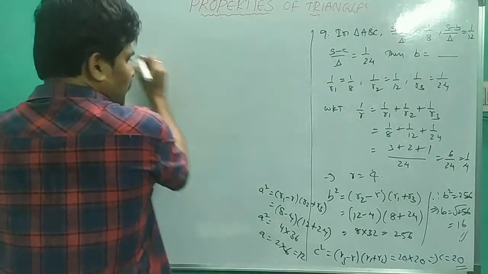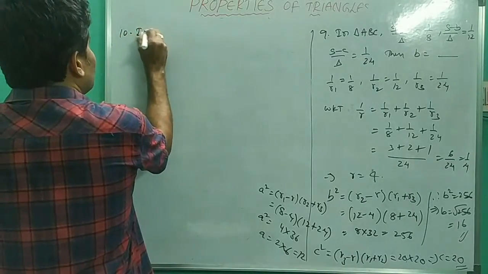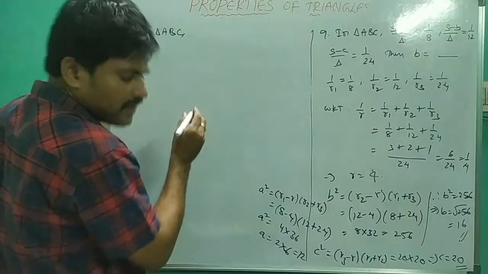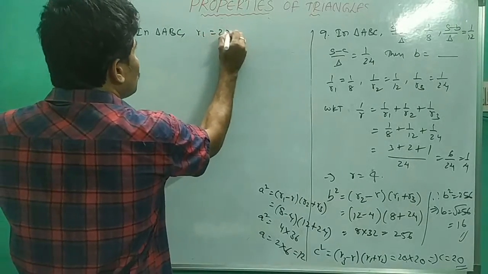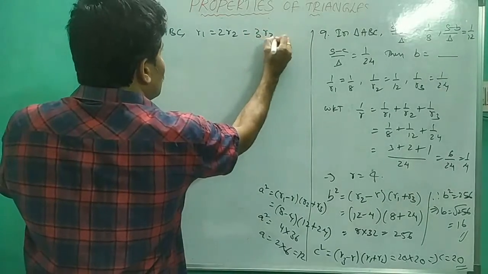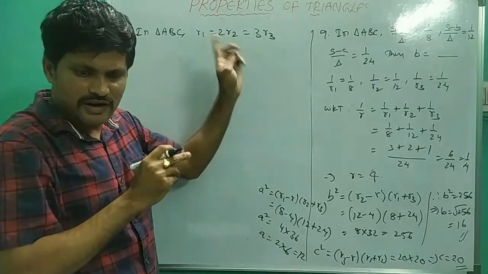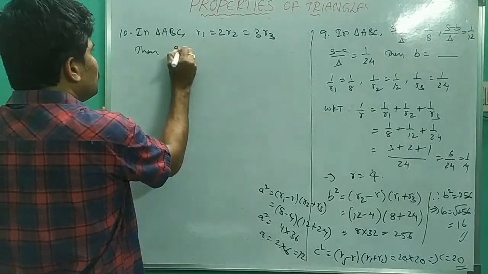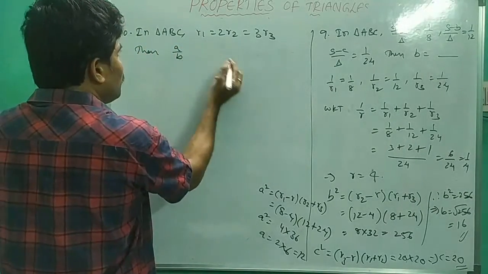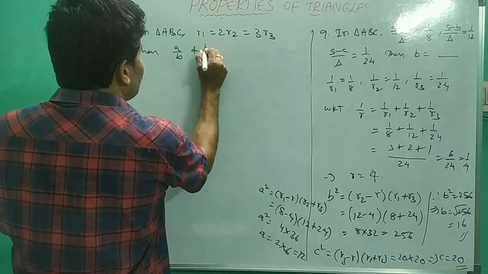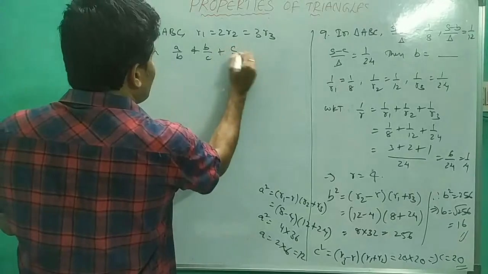In triangle ABC, R1 equal to 2R2 equal to 3R3. Now find the value of a by b plus b by c plus c by a.